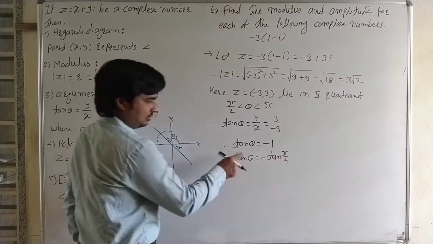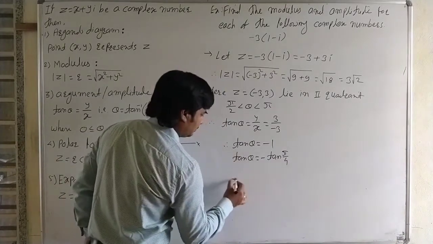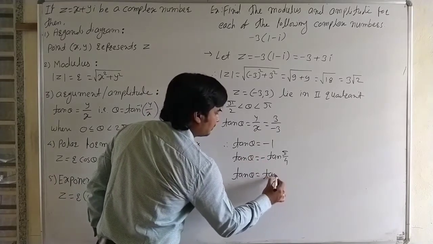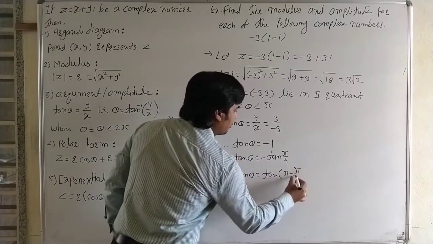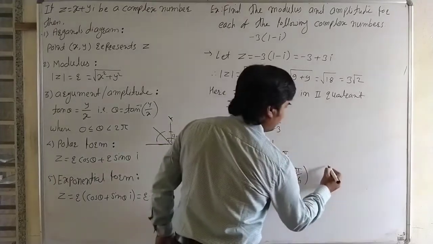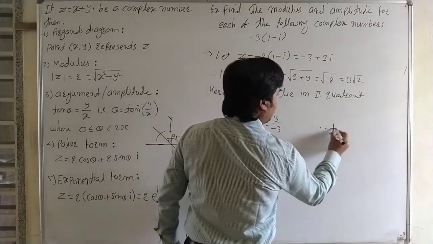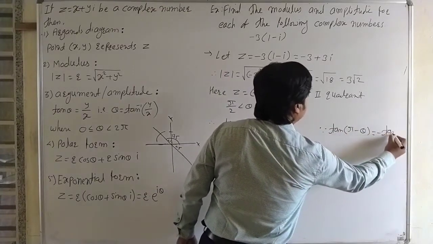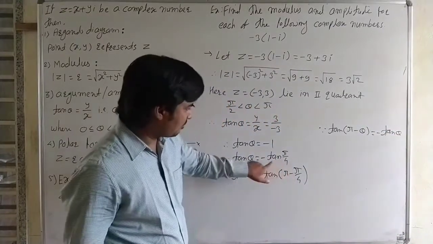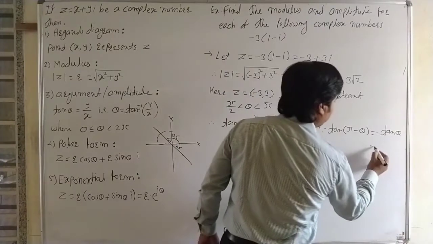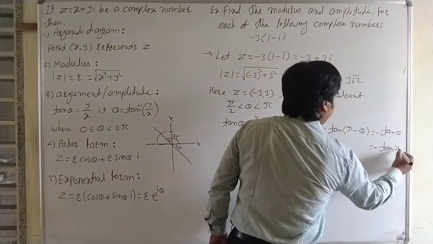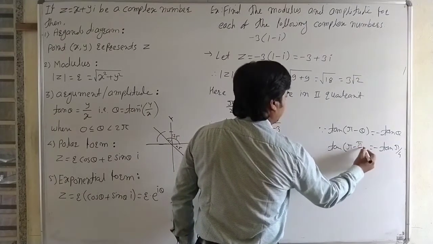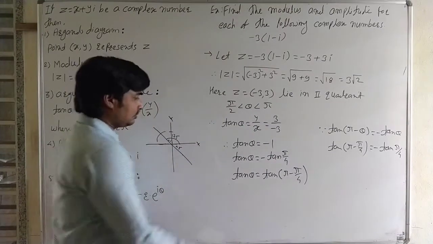We know the formula of the allied angle: tan(π - π/4). Here we use the formula tan(π - θ) = -tan θ. Here it is given -tan π/4, and this can be written as tan(π - π/4).